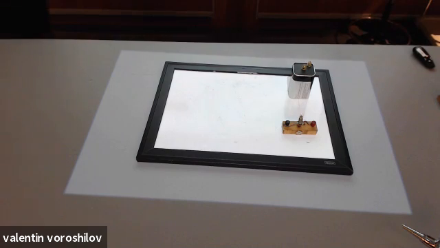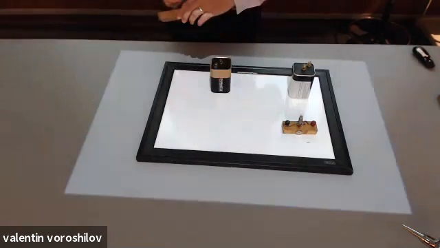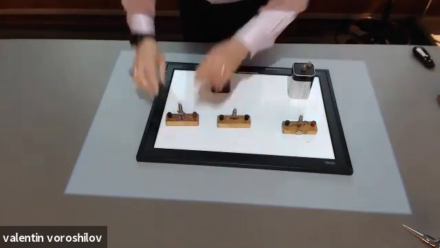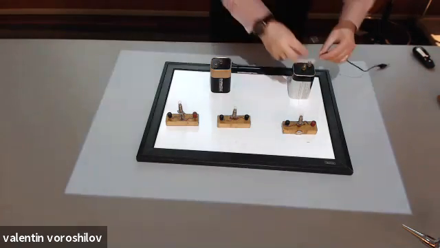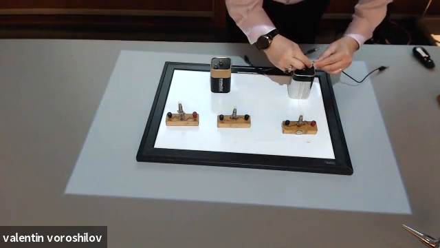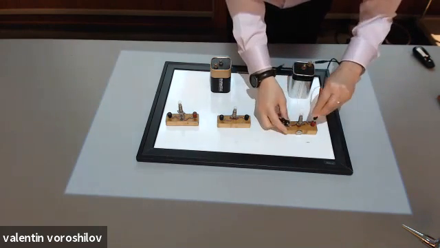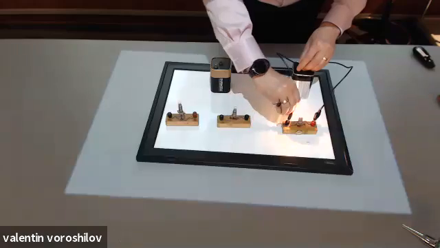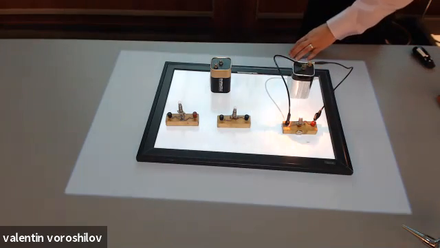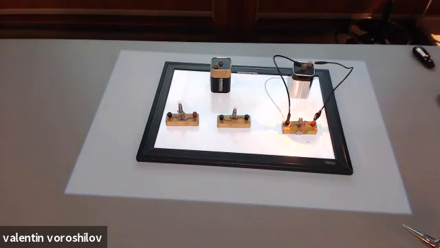What do I need? Devices and wires. A simple circuit: just two devices and two wires. This is how bright it is.